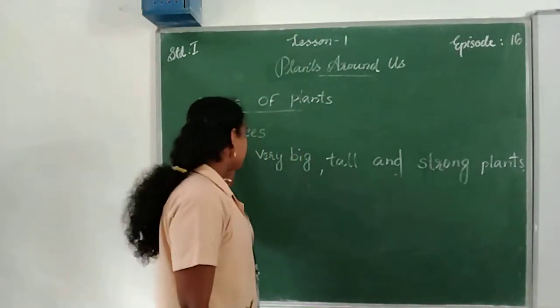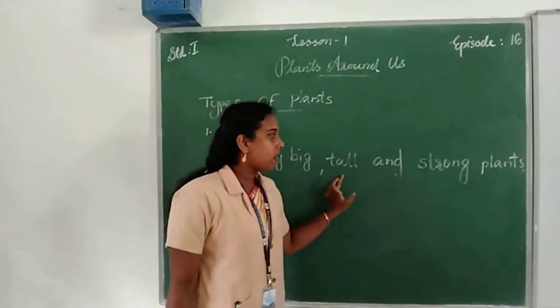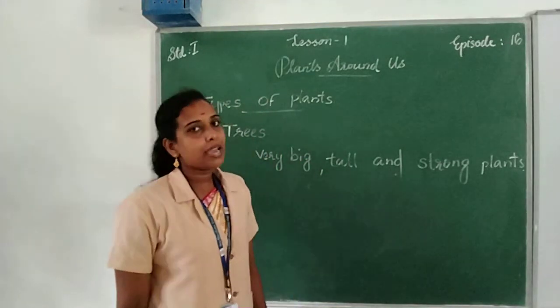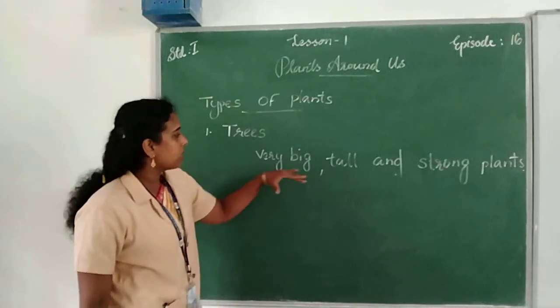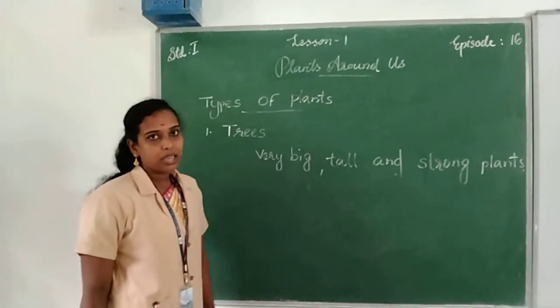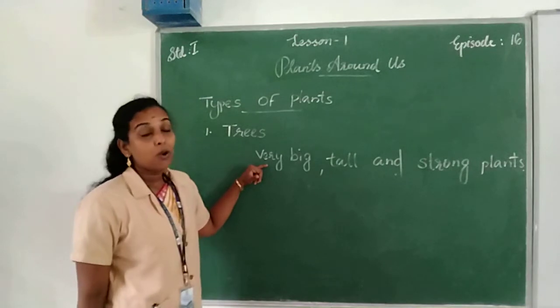So what do you mean by trees? Very big, tall and strong plants are called trees. So you just look at the spelling of these words. V-E-R-Y. Can we read this word?